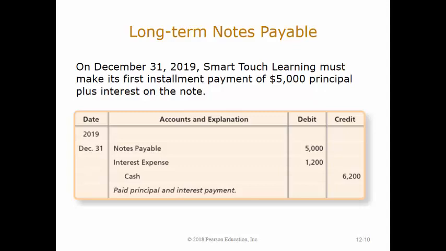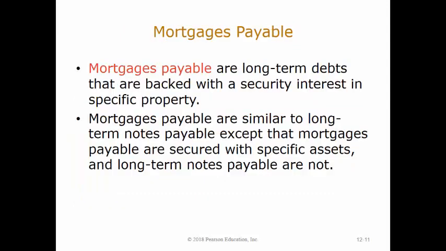After the December 31st, 2019 entry, Smart Touch Learning owes $15,000, $20,000 original note amount minus the $5,000 principal paid on December 31st, 2019. The company will record similar entries for the three remaining payments using the amounts calculated in the amortization schedule.